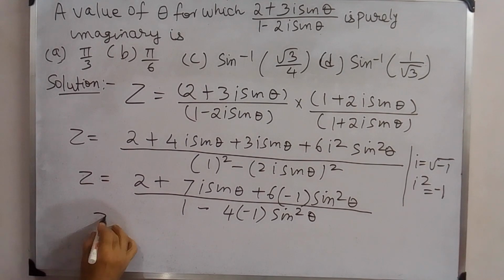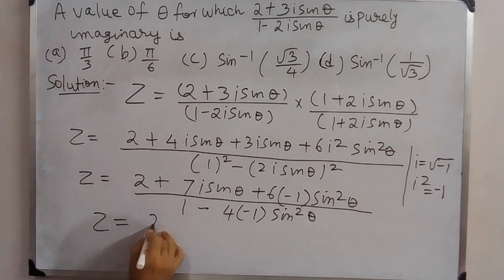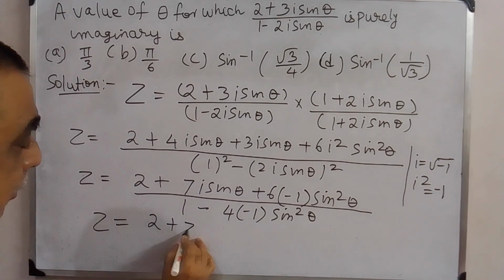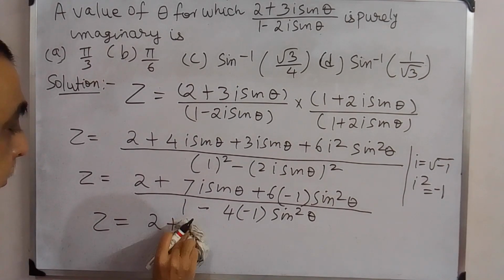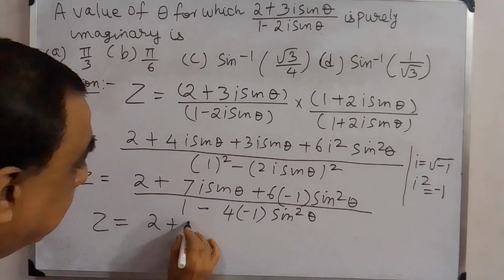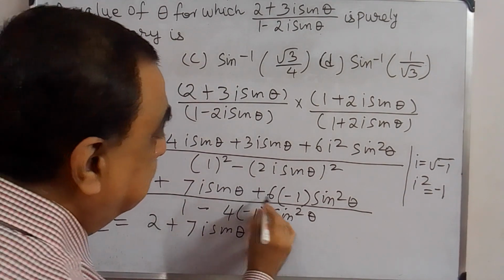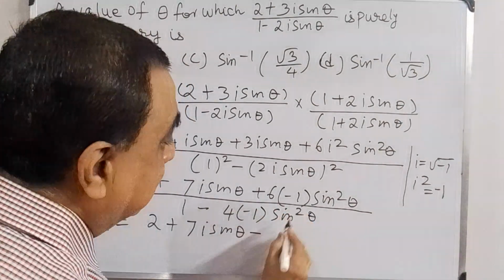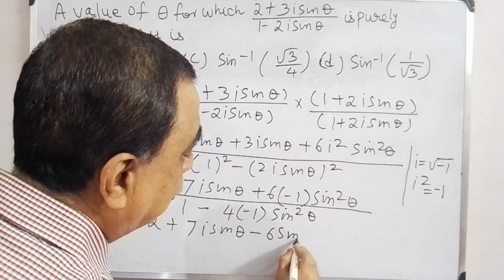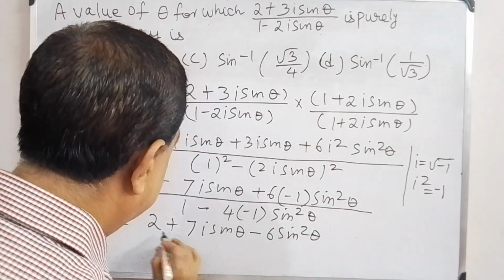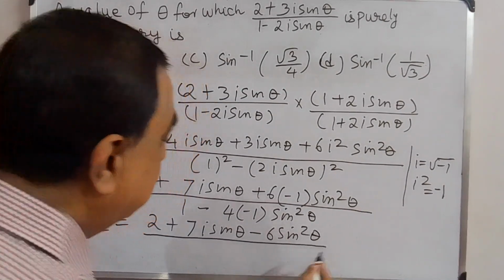So now simplify it. So z becomes 2 plus 7i sin theta, and plus into minus is minus 6 sin squared theta, divided by what?